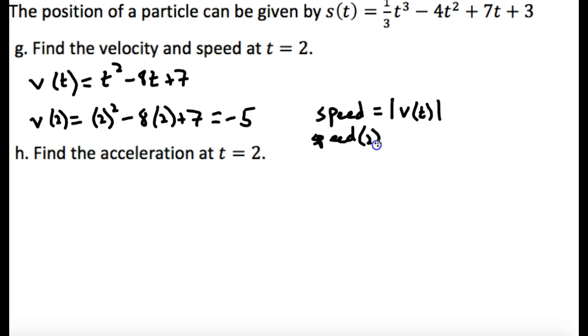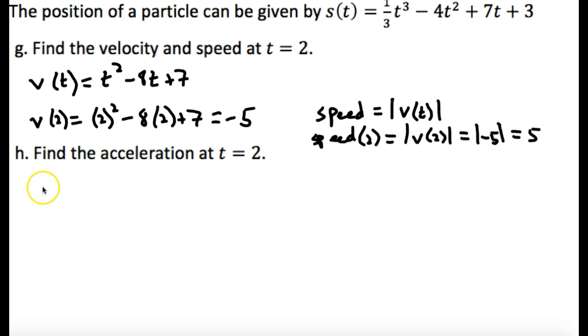Speed of 2 equals the absolute value of v of 2, which would be the absolute value of negative 5, which would be positive 5. Okay, so what this tells me is velocity says I'm moving to the left with a speed of 5. Right, so my speed then is just 5.